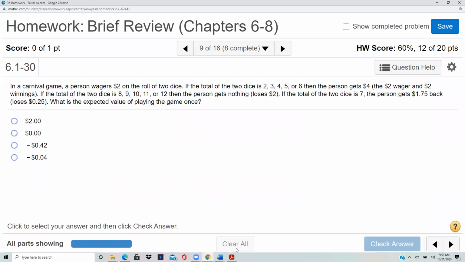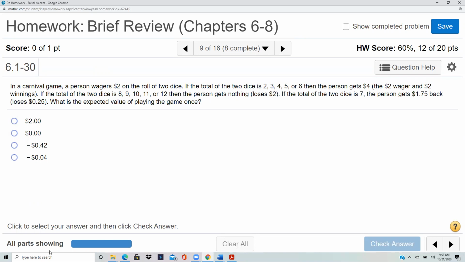You get 1.75 back. So are you really getting 1.75? What's the net result of getting 1.75 back? Remember you paid 2. Right.